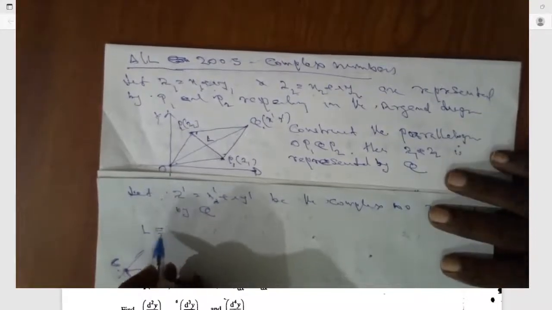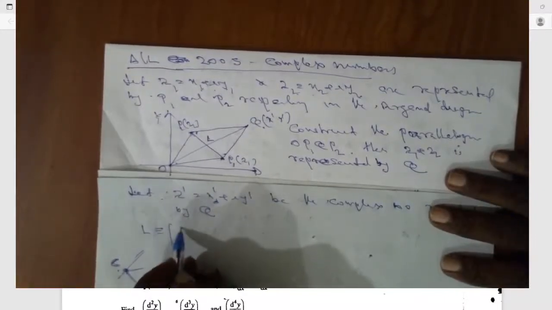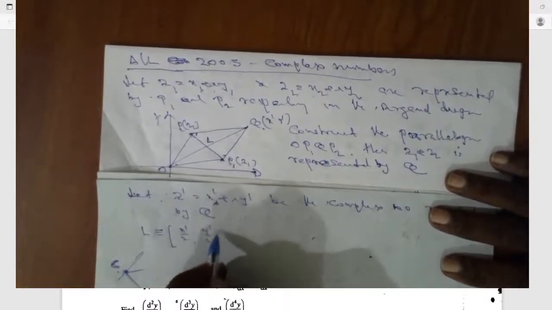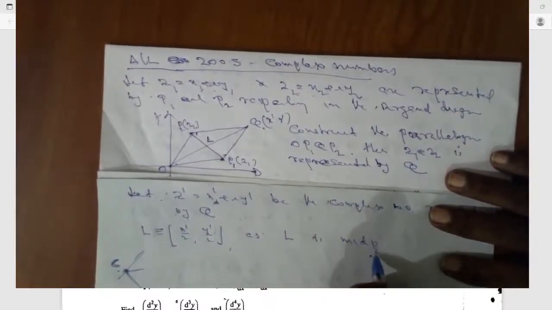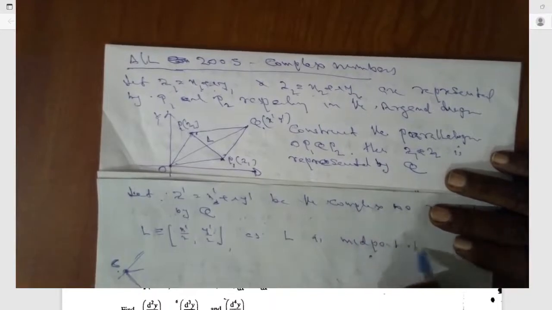Then the coordinates of L you can write as x dash by 2, y dash by 2, as L is the midpoint of OQ.